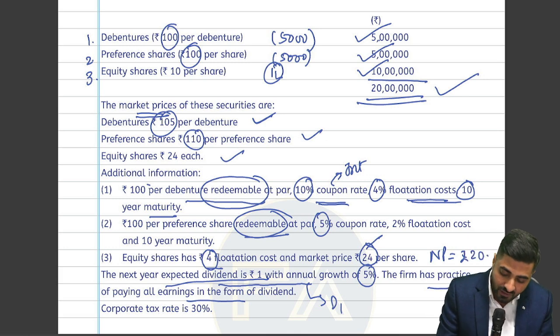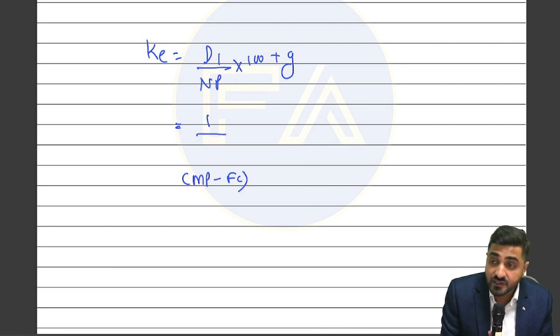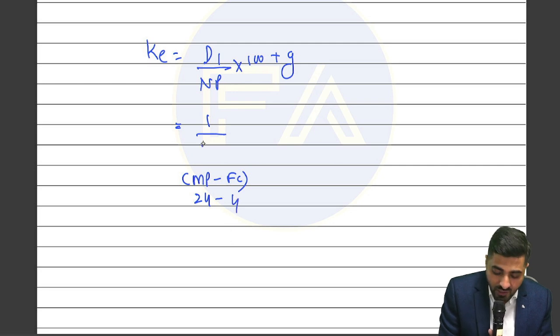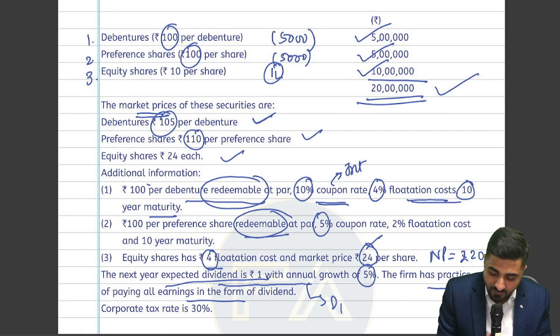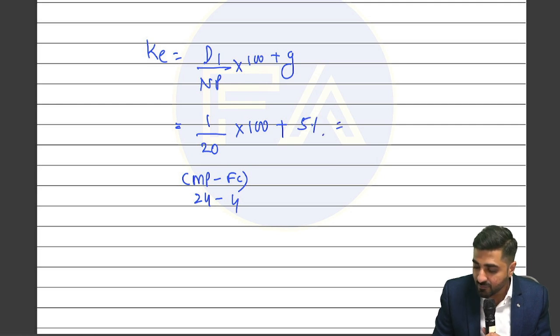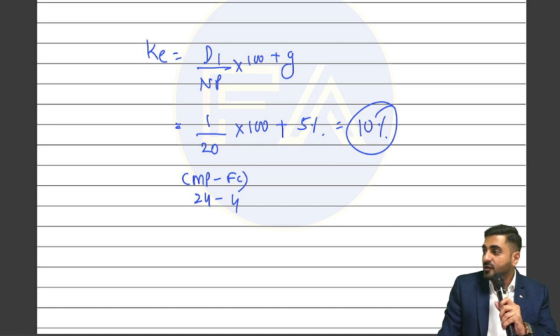What's your D1, beta? 1. What is your net proceeds? Can I say market price minus flotation cost? So market price is 24, flotation cost is 4. So will this become 20? Come on, yes or no? Yes. And then they have told you that the growth rate is 5%. This is 1 divided by 20 into 100, which is 5%, plus 5% will give you 10%. Don't forget this. Your KE is going to be 10%.